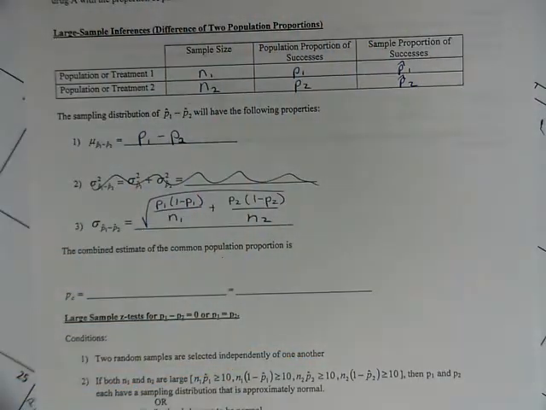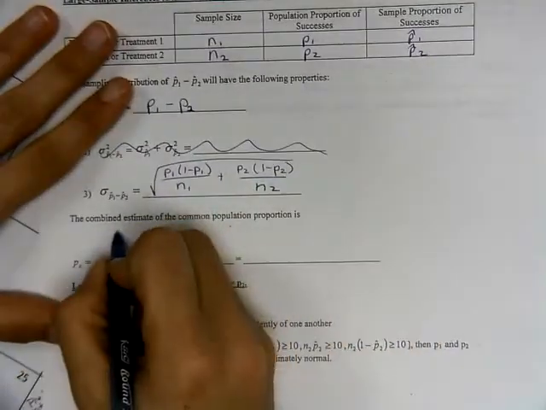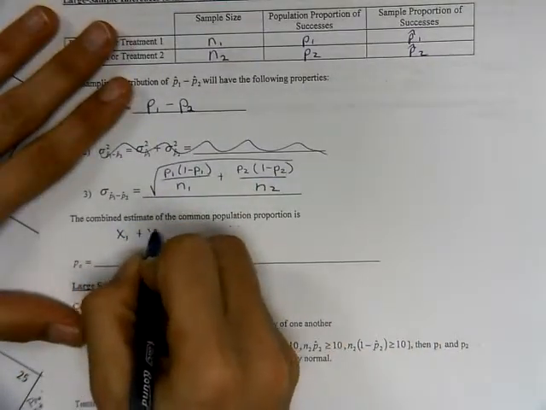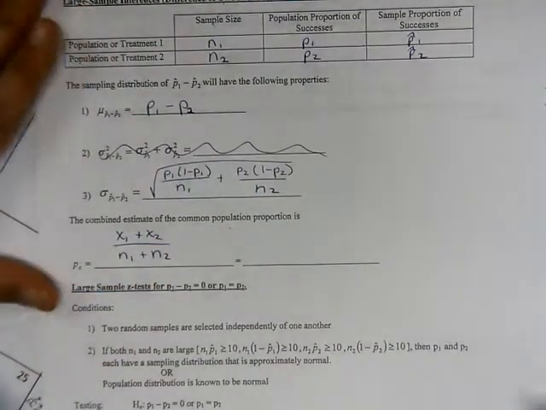Now, there's this weird thing in proportions when we do testing called P sub C. It's the combined proportion. All the combined proportion is x1 plus x2 divided by n1 plus n2.